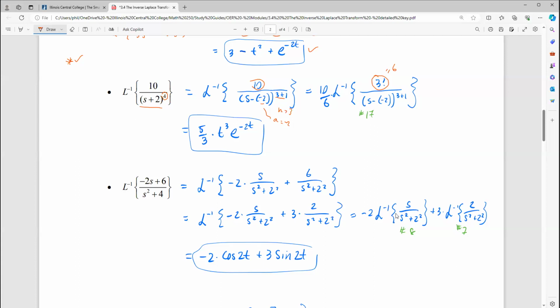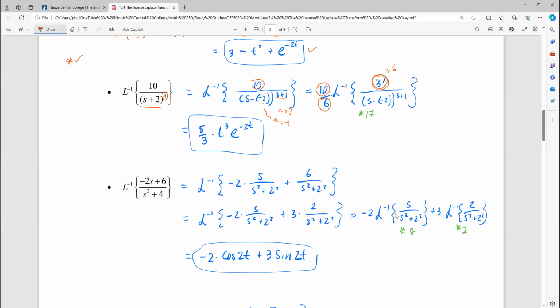The way I fix this is by linearity. I can take the 10 outside the inverse Laplace transform. I can place a 6, or a 3 factorial, in the numerator over here, and then balance it out by also dividing by 6 on the outside.